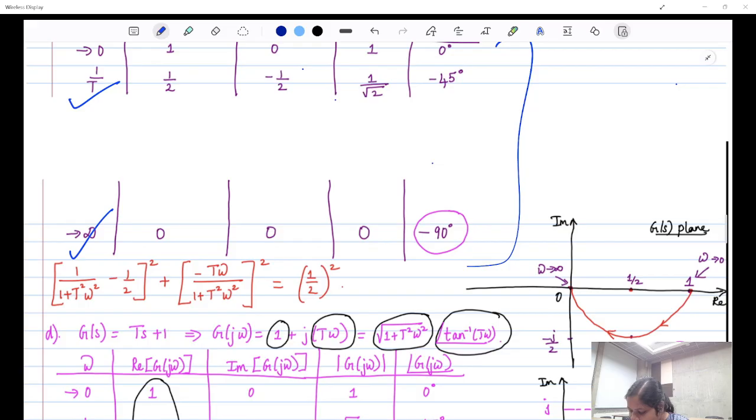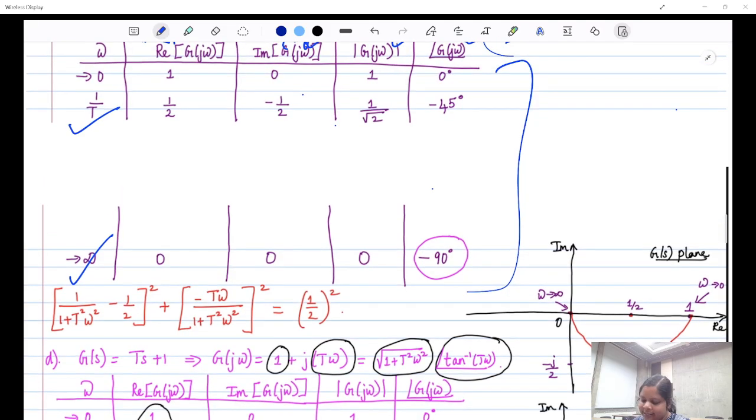So when you plot all of these, let's say the real part is 1, the imaginary part is 0. So it is basically this point, right? The magnitude is 1, so it is at a distance of 1 on the real axis, and the angle is 0 degree. So definitely any point on here would have an angle of 0 degree, and there is no approaching even, it is going to start only from there, so it is at 0 degree, not a problem.